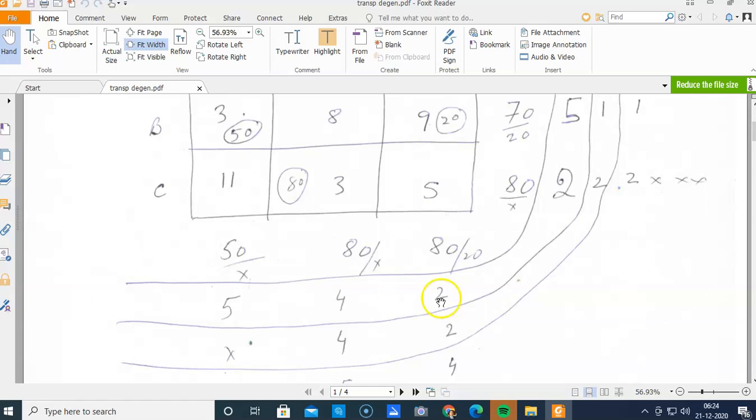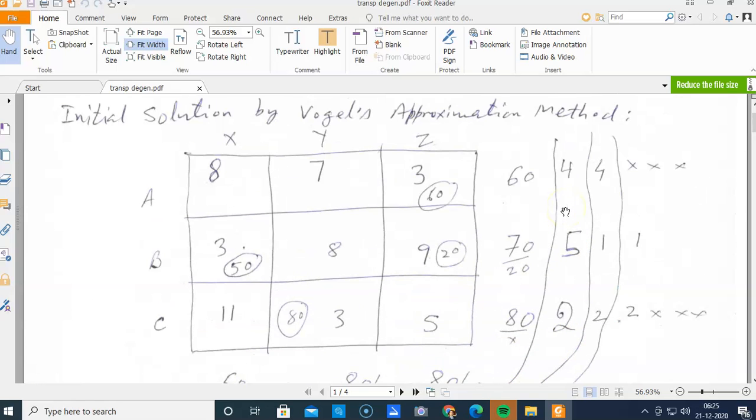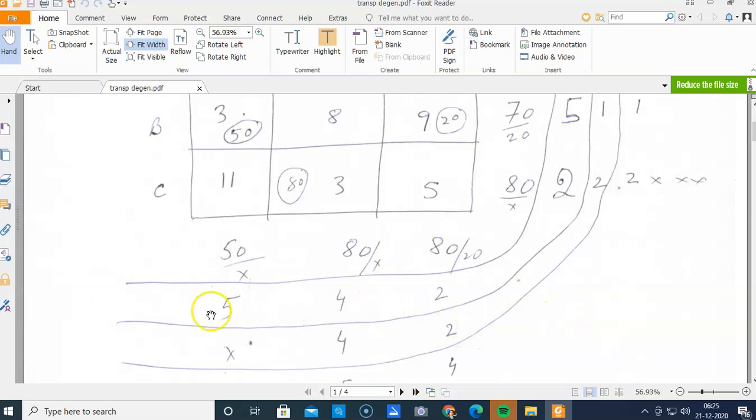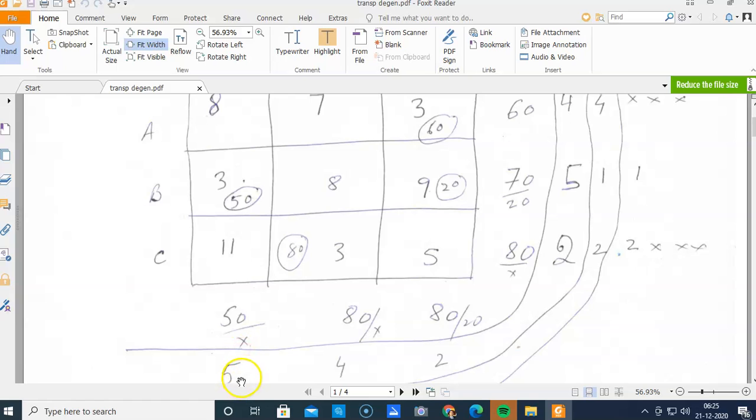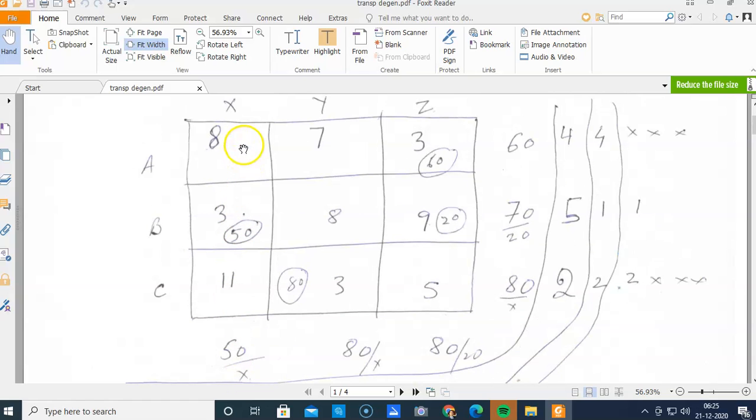Then we select the highest difference among these. You can see it is 5 and 5, so you have a choice to choose any one. If I choose this column, with this maximum difference, in this particular column the minimum cost is 3.